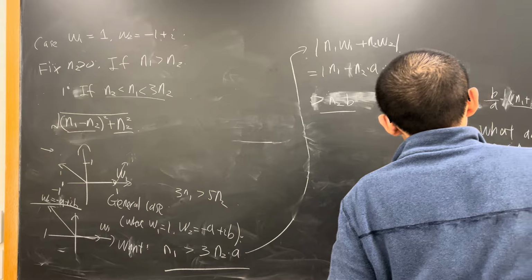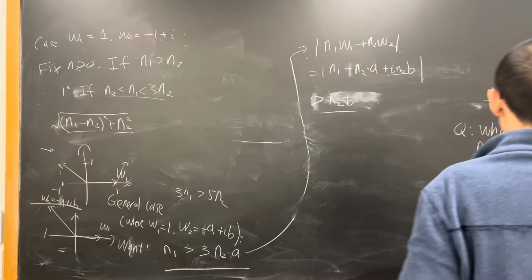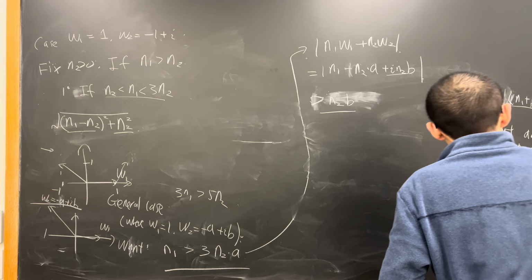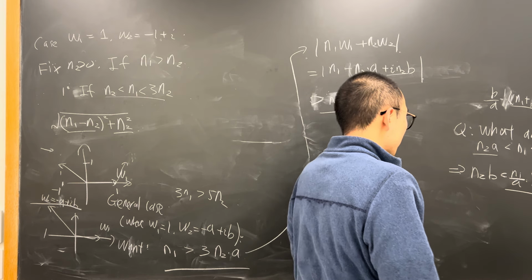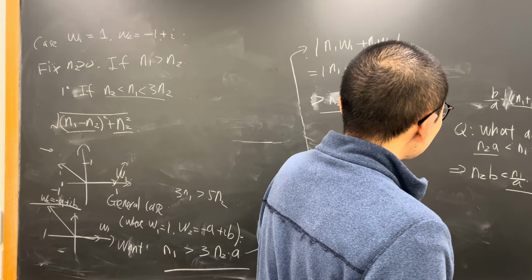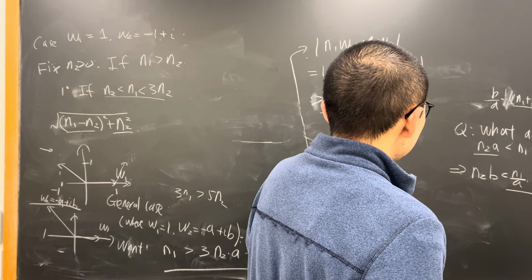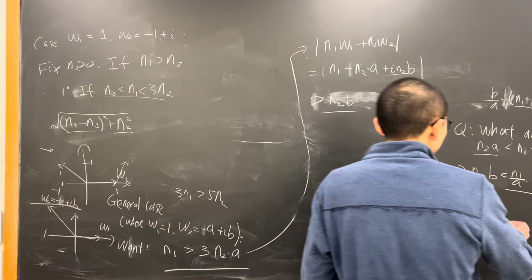If you multiply this by a over b, and then you have the n1, this term appears, right?